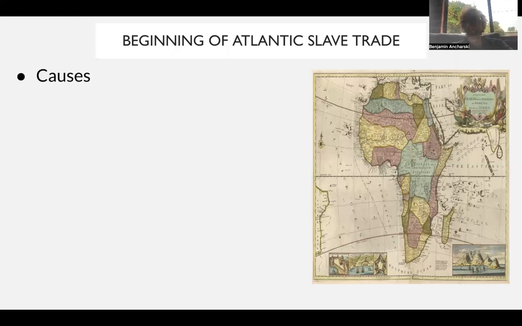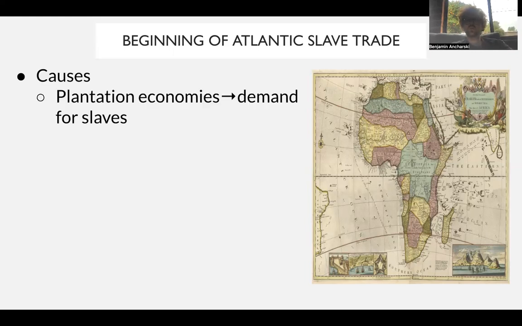Well, we are going to see European participation in the African slave trade for a few reasons. For one thing, European colonies demand slave labor as a form of labor exploitation to produce cash crops. Cash crops require an immense amount of physical effort. We'll talk about sugar more, but tobacco as well is extremely labor intensive.